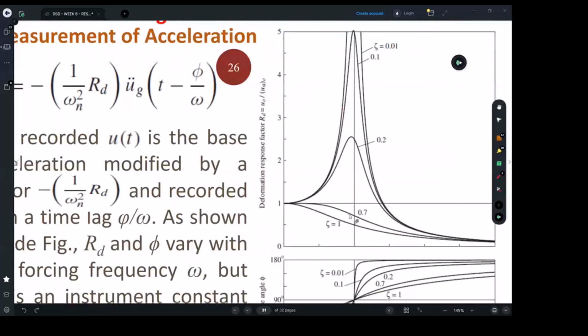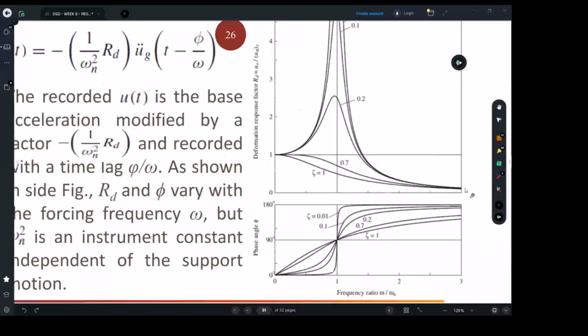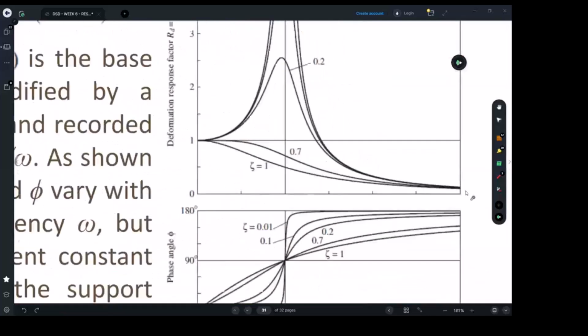Because as I said, if you have a frequency which ends up being very high compared to the equipment's natural frequency, then it won't give you any measurements.